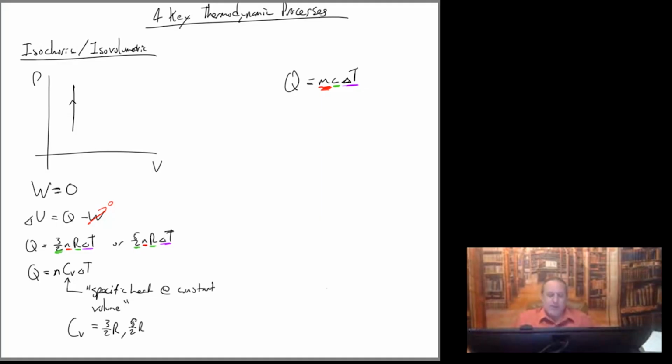We just remember that the CV has, instead of having to look on a table where every single material has a different specific heat, little c, we see the CV and we know, okay, if it's a monatomic gas, it's this. If it's a diatomic gas, it's this. And I don't want us to miss the fact that this is actually remarkable, that we now have a theoretical prediction for the specific heat.